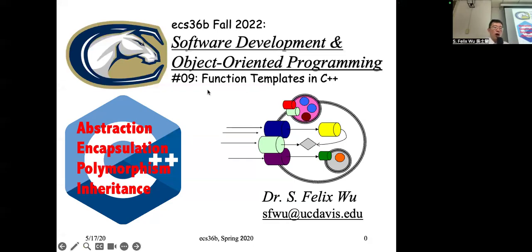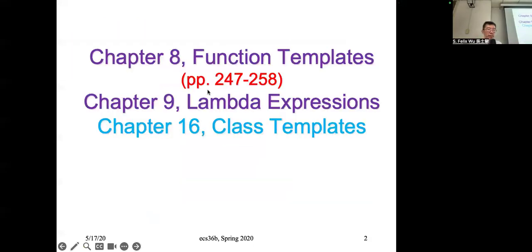Okay, I'm going to talk about the template. In template, I have three things to cover. One is called function template, one is called lambda expression, and the other one is called class template. It all has to do with how I declare either a function or a class in a way that I can have a general way of developing this.